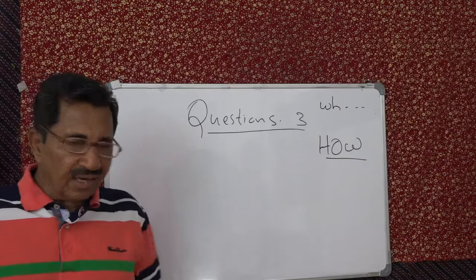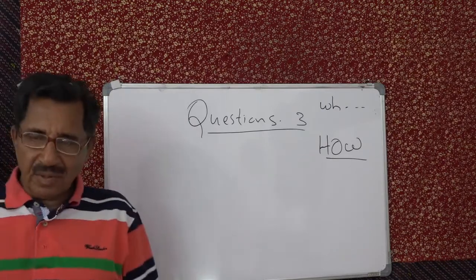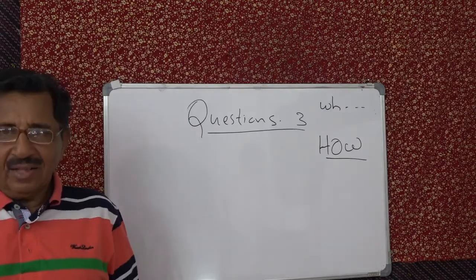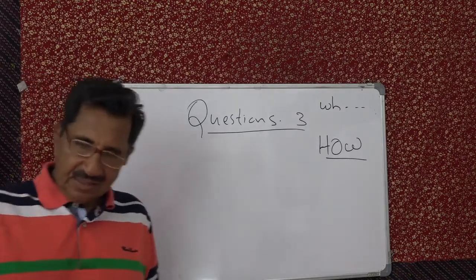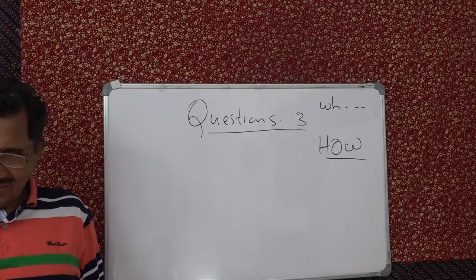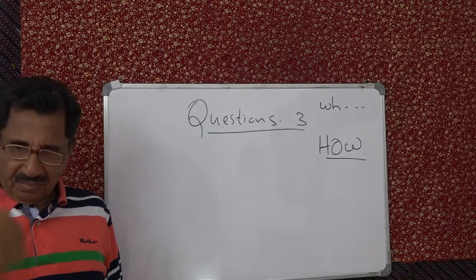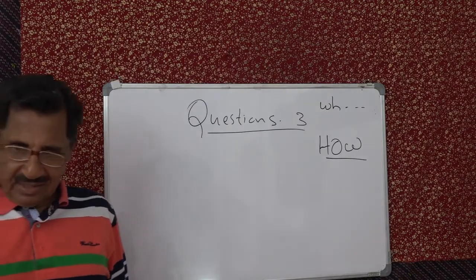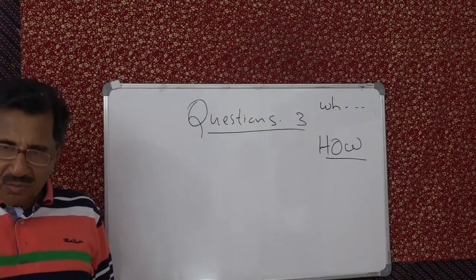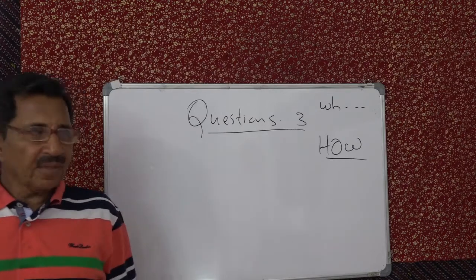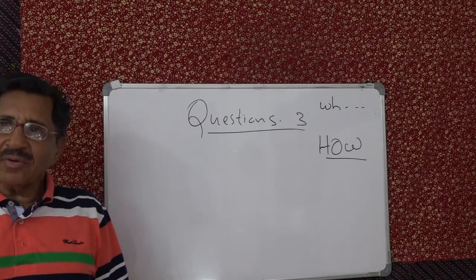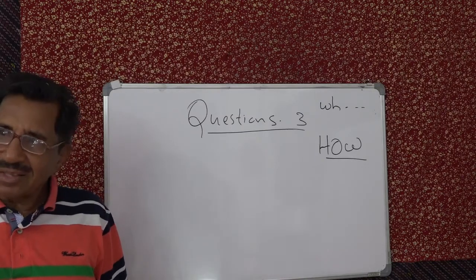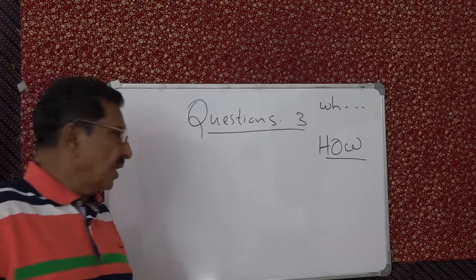Or when does he arrive? Or we speak about place, where do you live? So place, time, things, choice, belonging, persons. Without these words, how will we know? Without knowing these things, how will we live? It's impossible. Okay. Now here comes how.